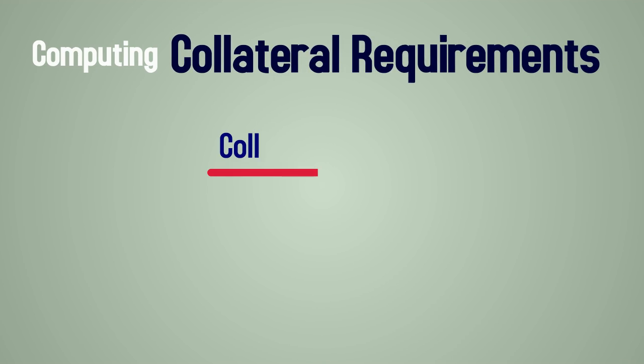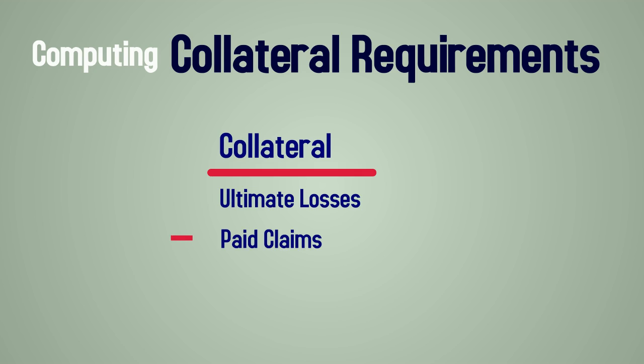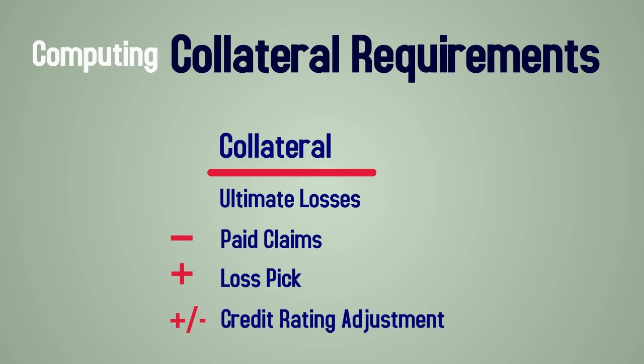So to look at this in a formula, the amount of collateral required is going to equal the ultimate losses for the past policy periods as estimated by the actuaries, minus the paid claims, plus the loss pick for the coming policy period, and plus or minus some type of credit rating adjustment for the insured.